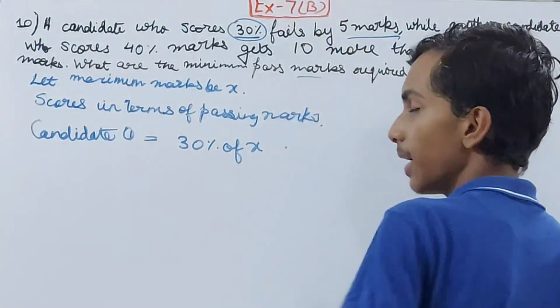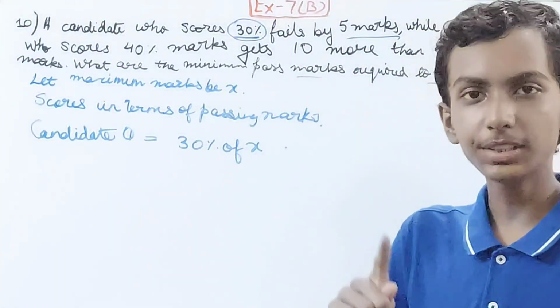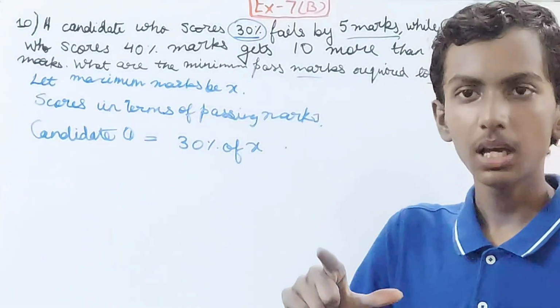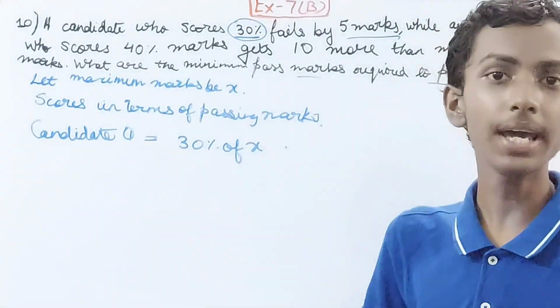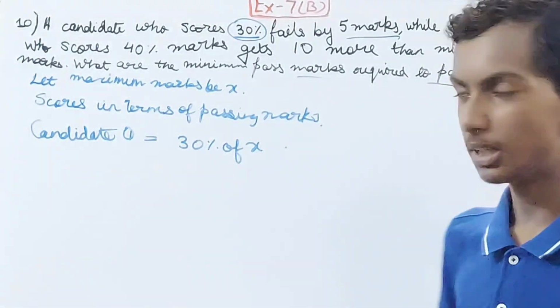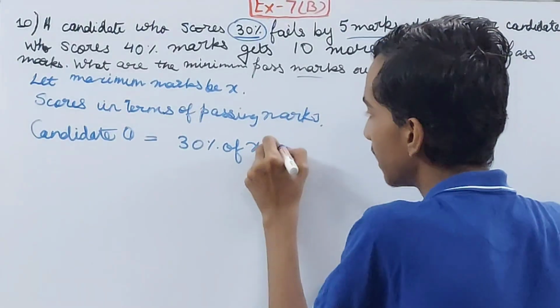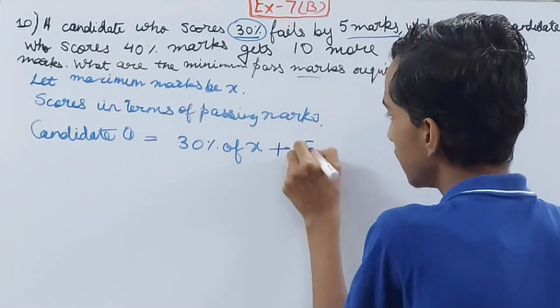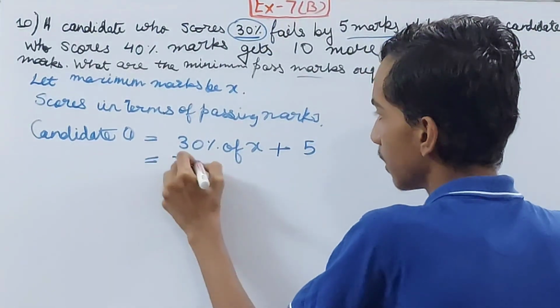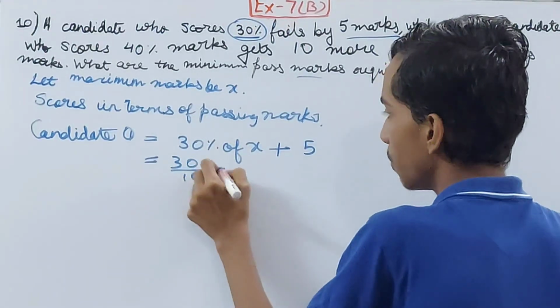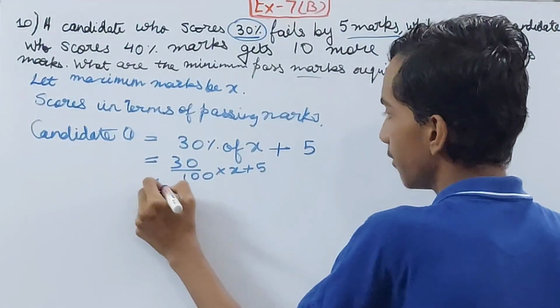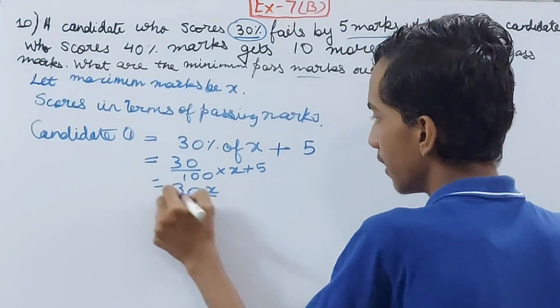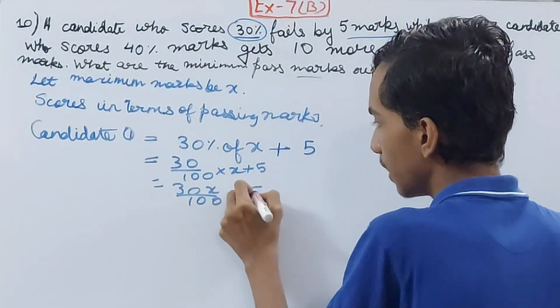But he has failed by 5 marks. 30% of X is his marks, we will add 5 in that. Why? That will represent passing marks. He has written 30% of X plus 5, that is 30 by 100 into X plus 5, 30X by 100 plus 5.